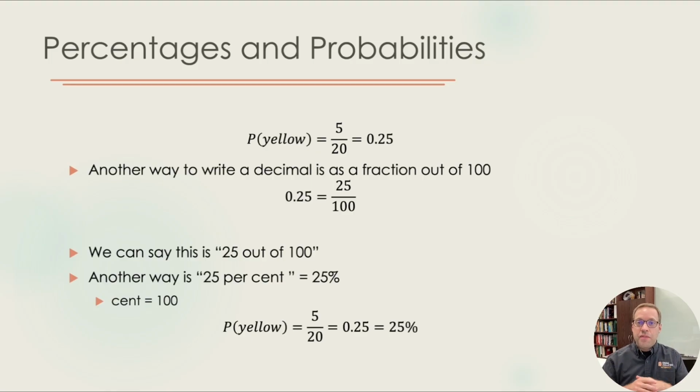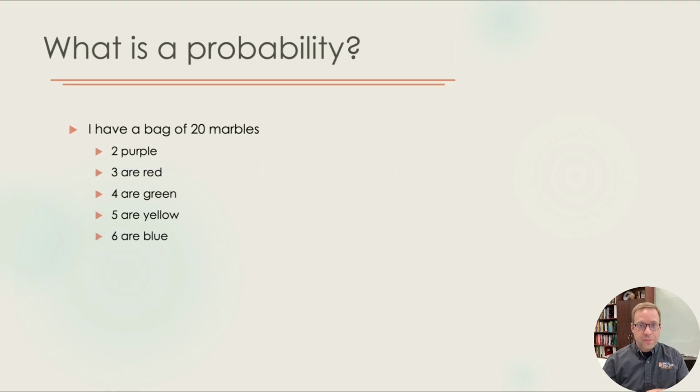That phrase out of 100 can be resaid as per 100 or per cent, because cent means 100. So 25 per 100 would be 25%. There you go. That's where the percentage is. So the probability of drawing a yellow would be 0.25, which is the same thing as 25%.